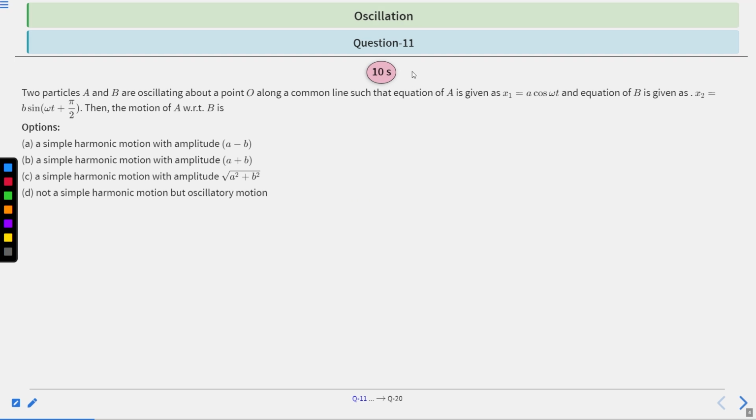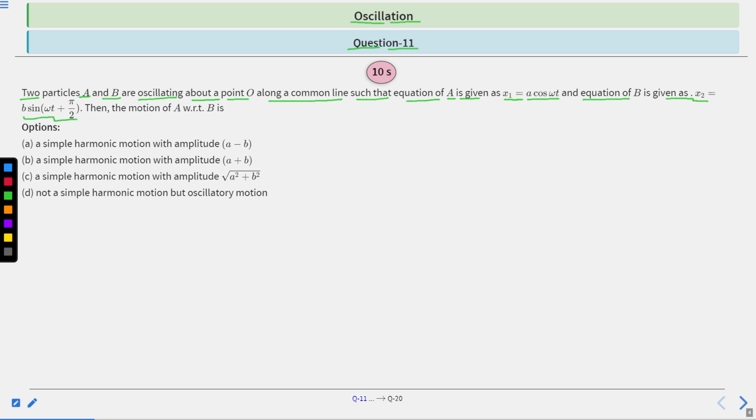So, question 11. Topic is oscillation. Two particles A and B are oscillating about a point O along a line such that the equation of A is given as x1 equals A cos omega t, and the equation of B is given as x2 equals B sin(omega t plus pi by 2).